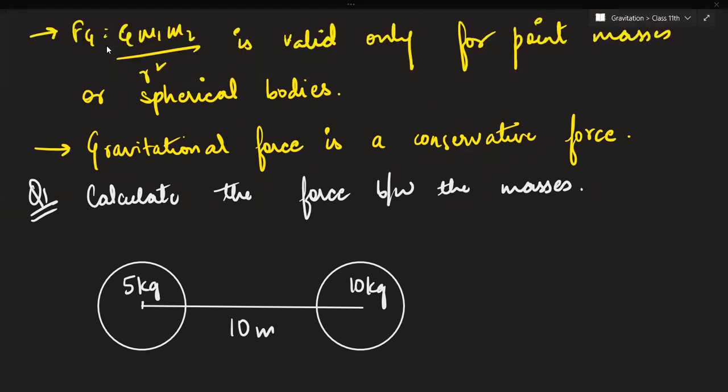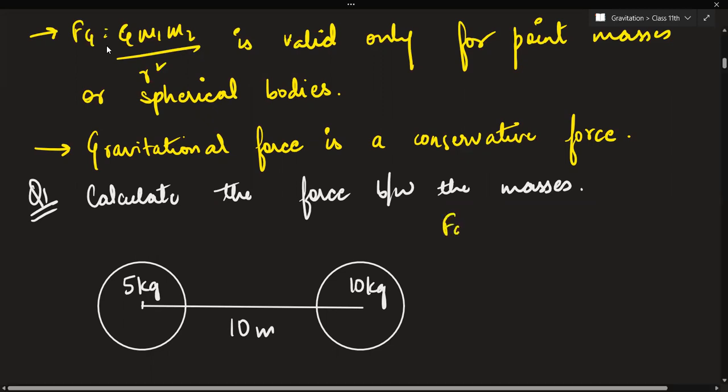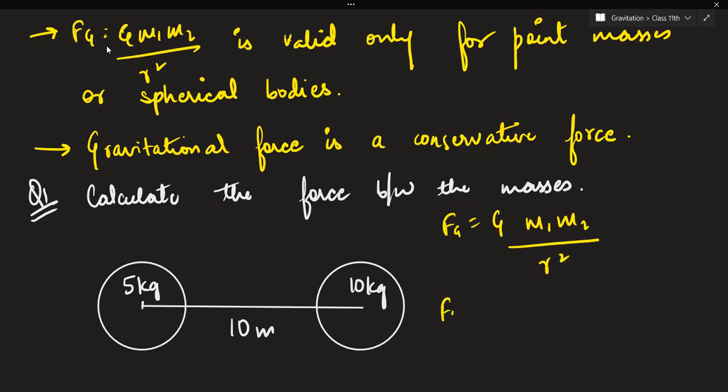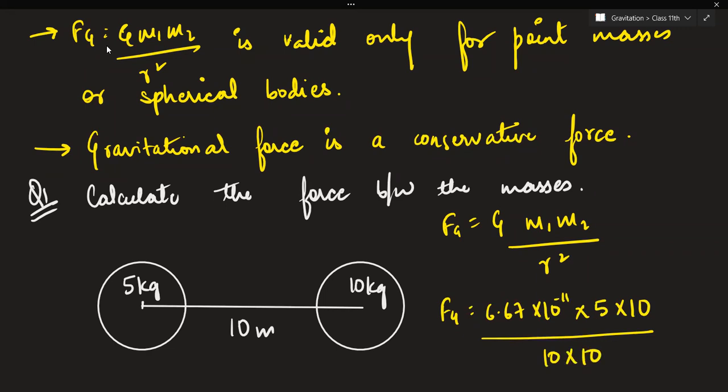See here, calculate the force between the masses. Here you will apply Newton's gravitational law. So gravitational force is G m1 m2 divided by R square. The gravitational constant is 6.67 into 10 to the power minus 11, into 5 into 10, divided by 10 square.